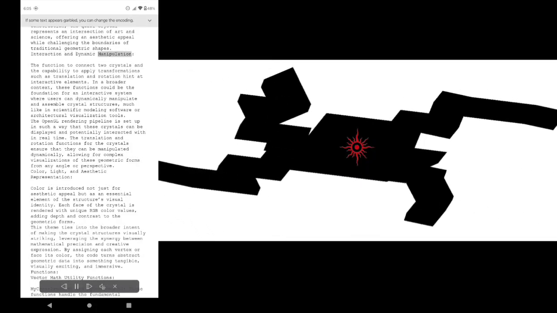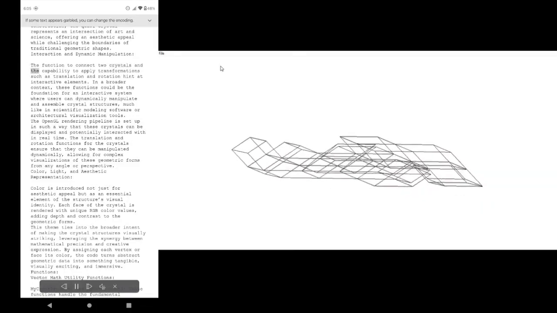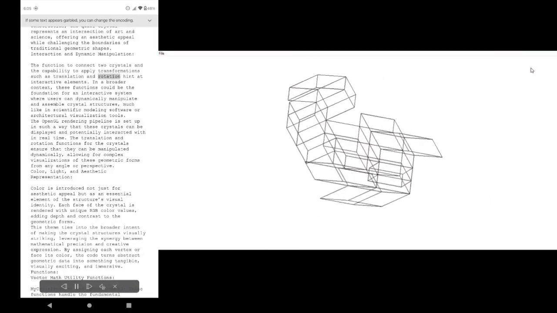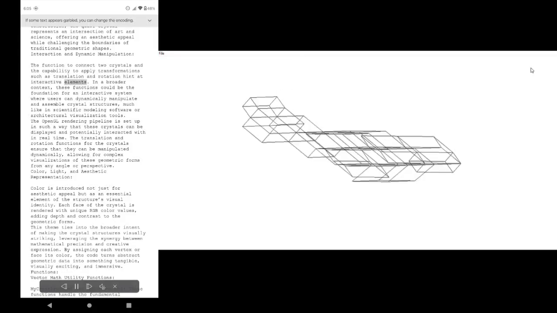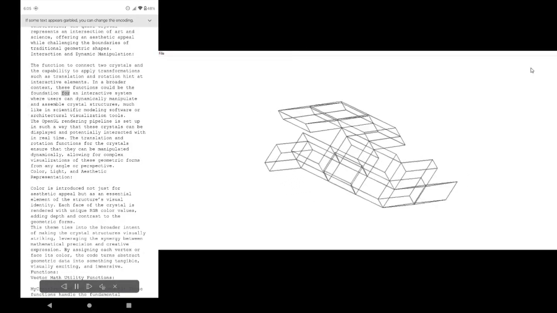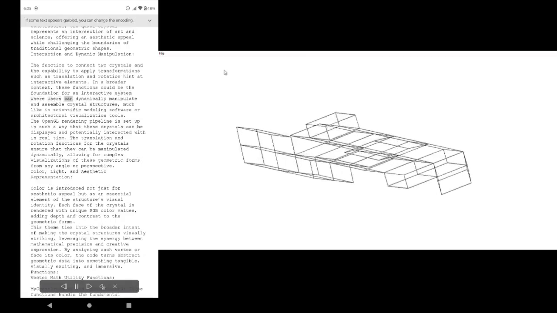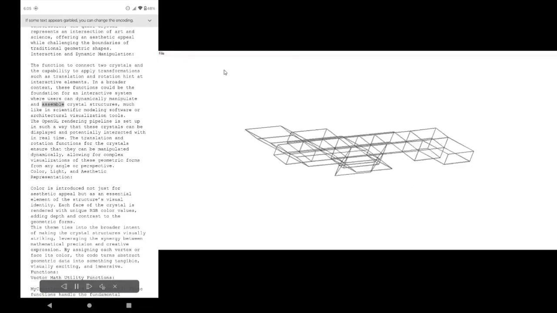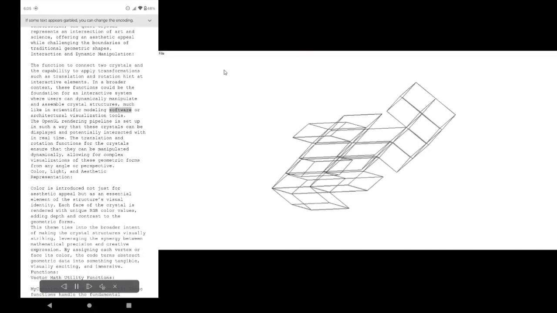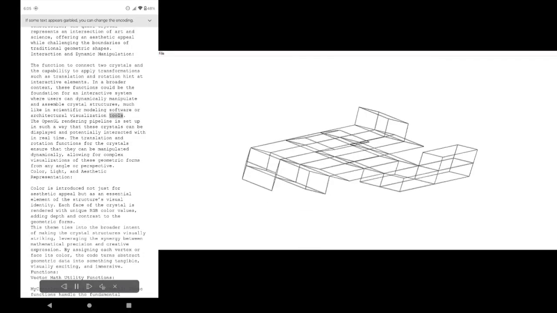Interaction and dynamic manipulation. The function to connect two crystals and the capability to apply transformations such as translation and rotation hint at interactive elements. In a broader context, these functions could be the foundation for an interactive system where users can dynamically manipulate and assemble crystal structures, much like in scientific modeling software or architectural visualization tools.